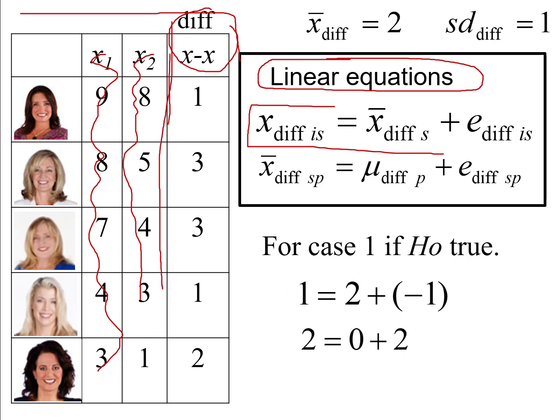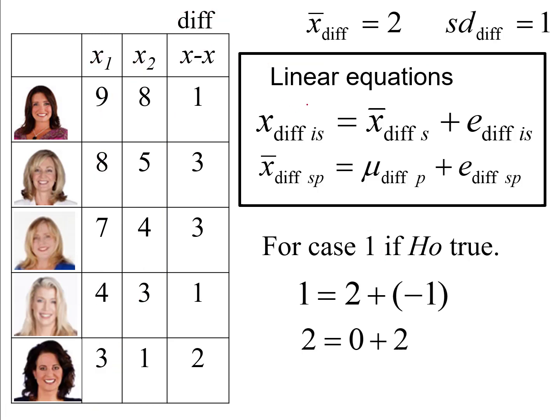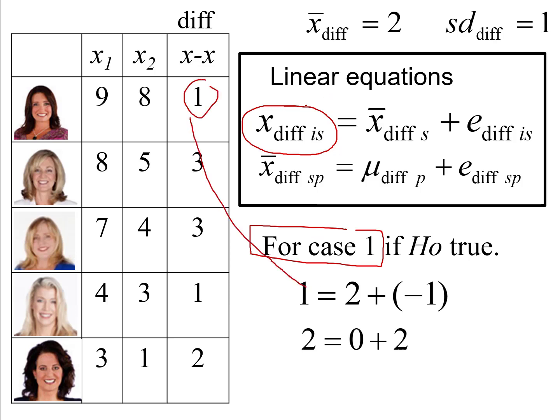And then we could say, what is this first equation for case 1? So for case 1, what is this top equation, the equation for variance in a sample, how far cases deviate from the sample mean? So the difference score for case i from sample s, if we're focusing on case 1, her difference score was a 1. And so I'm going to plug that in right there. And we're going to say the difference score for individual i in sample s is equal to the mean difference score for sample s.